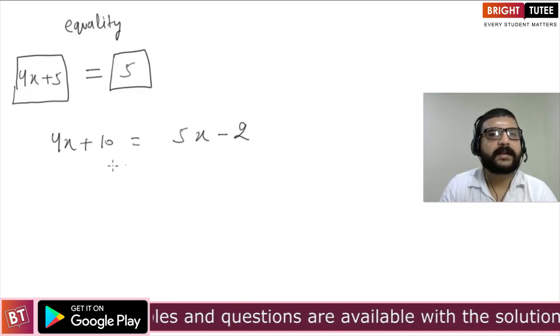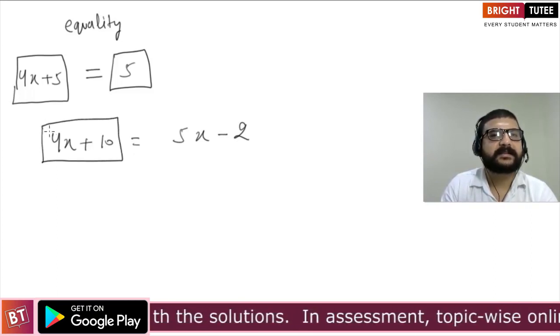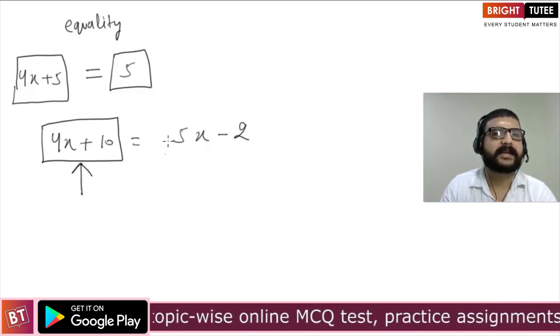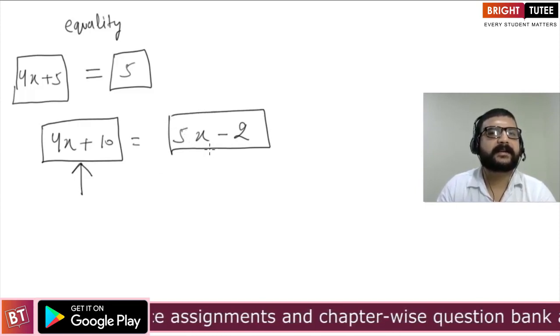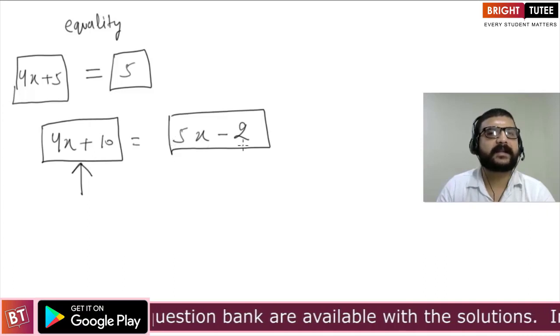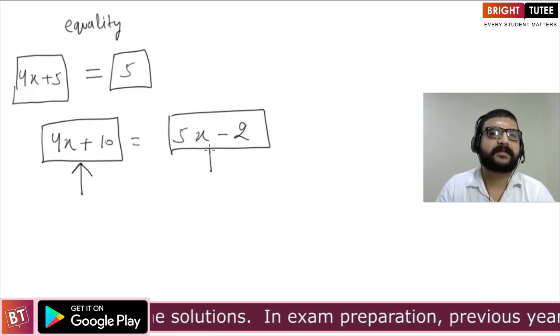Here the equality sign is showing us that the expression written on the left hand side of the equality sign is equal to the expression written on the right side of the equality sign, which is 5x minus 2.